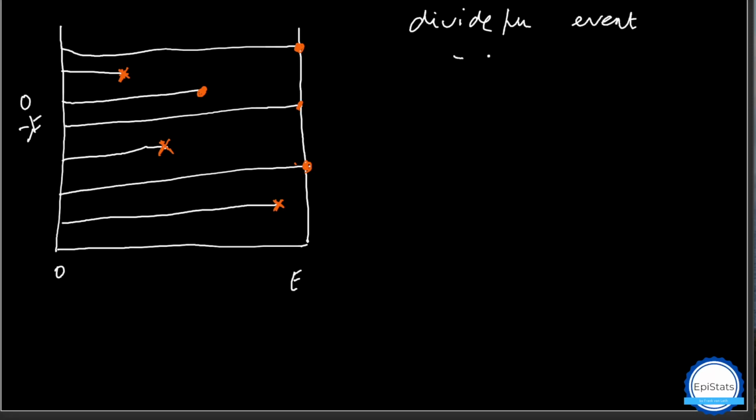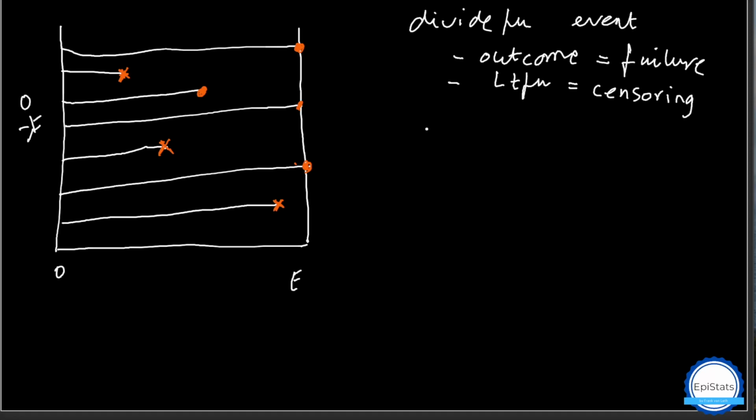An event is either a person that develops the outcome or a person that is lost to follow-up. In survival speak, this is called a failure, and a loss to follow-up is called censoring. Then within the periods that are created, we calculate the risk of the outcome.